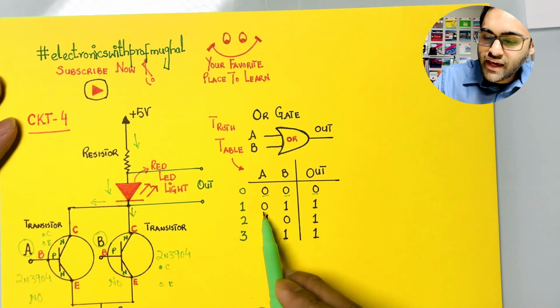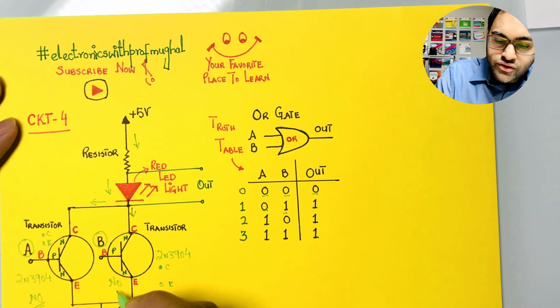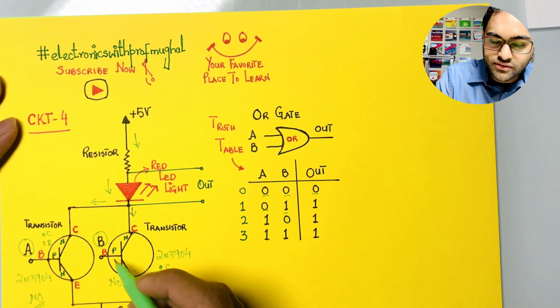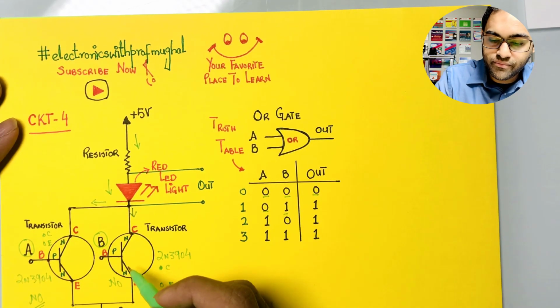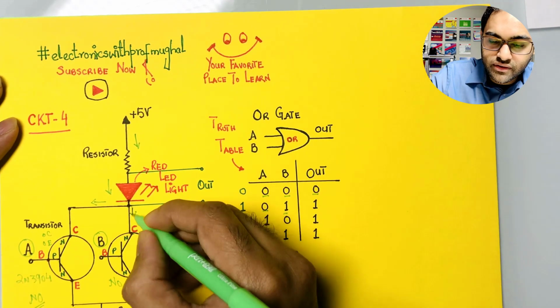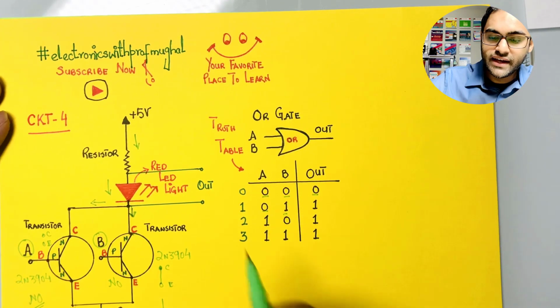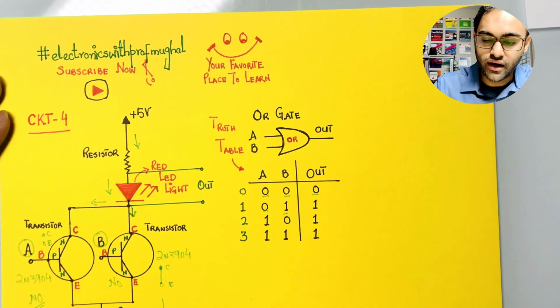When I have A 0, B 1, A is still normally open, and I'm going to close or press the push button for B, which makes a connection between collector and emitter. Current will take this route, go past the collector and emitter, and go to the ground, completing the circuit, and your light is going to turn on.